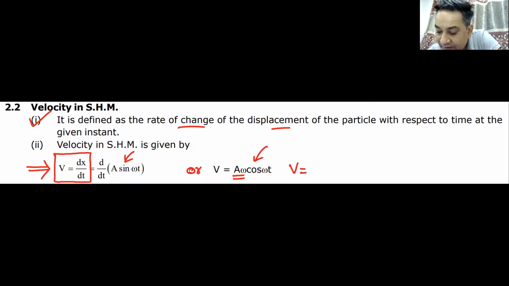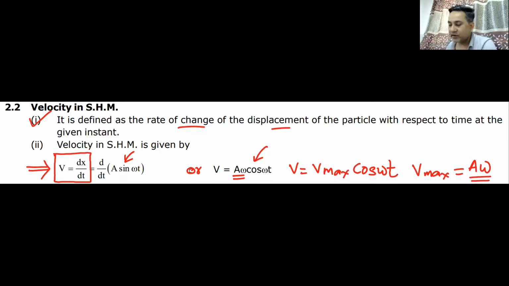I can write it like this: v is equal to v max cos omega t, where the value of v max, the maximum velocity, becomes a times omega. I have just differentiated the equation. Do we understand this?